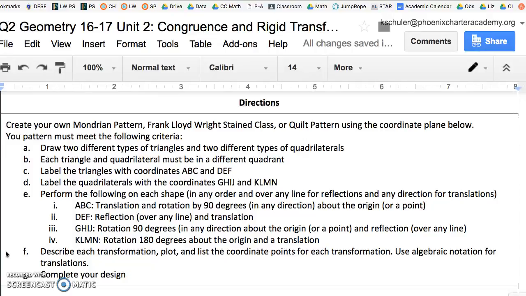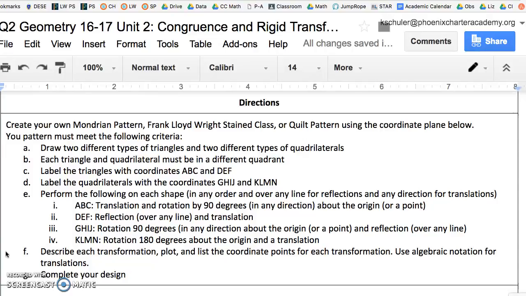Next, you are going to perform the following transformations in any order and over any line of reflection and any direction. So, for example, looking at ABC, one of your triangles needs you to perform a translation and a rotation by 90 degrees.